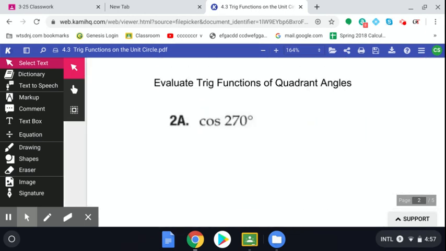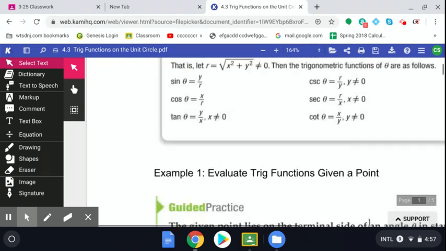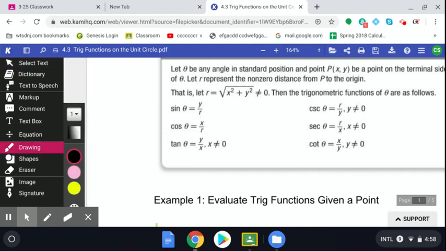So if you want to determine cosine of 270, I know we haven't really talked about that, but, oh yeah, they did talk about it here. Sine is y over the radius, cosine is x over the radius. So I just want you to focus on this. Sine being y, cosine being x, tangent y over x.